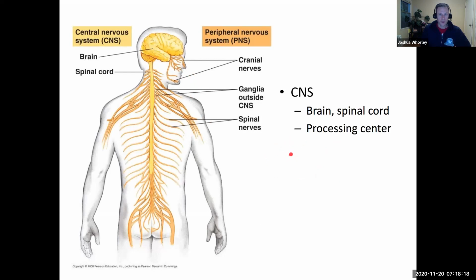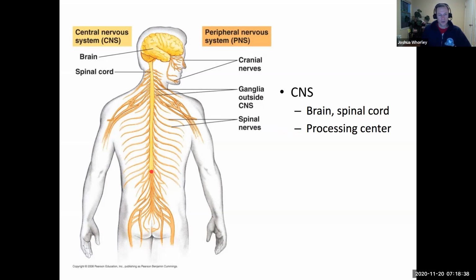In the central nervous system, its job is information processing, right? So any simple sensory information, both from the external environment and internal environment, goes to the central nervous system for processing.